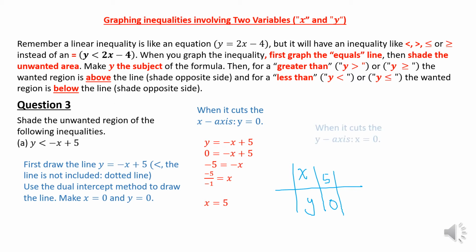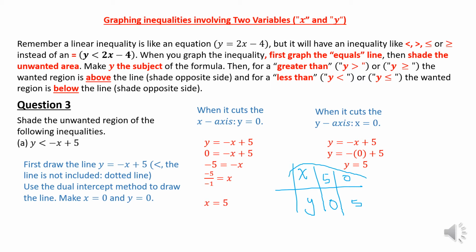And the other one that I'm going to find is when x is 0, and I get y to be 5. In fact, these are supposed to be very easy for you to graph because you have negative x plus 5, you should be able to find it very easily. So the solutions, therefore, we know now how to draw our line.